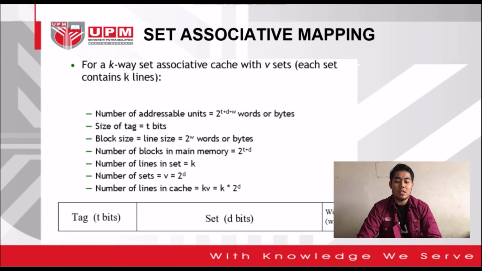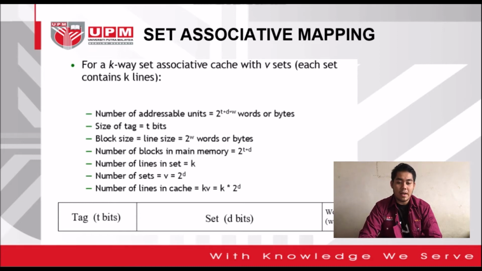The size of the tag is T bits, and the block size we calculate based on the word, how many bits in the word part. The number of blocks in main memory is the combination of T bits and D bits. The number of lines in the set we denote as K from before. The number of sets is 2 to the power of D bits, the set bits, and then the number of lines in the cache is K multiplied by the number of sets.